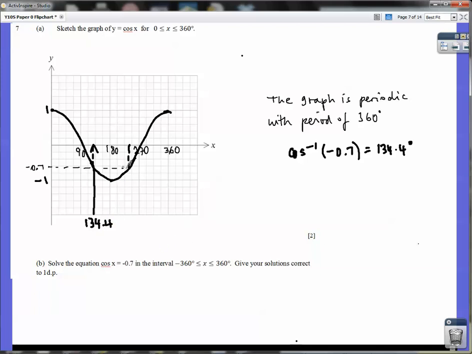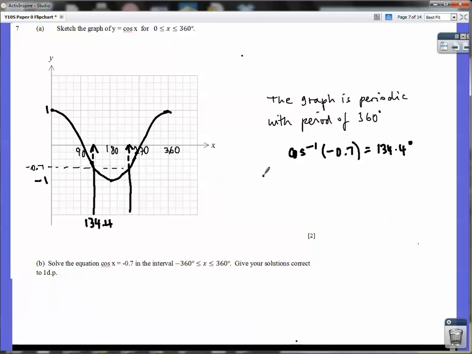Now, this angle here is your other solution between 0 and 360. And what I've done is I worked out this distance, the number of degrees between 134.4 and 180. Then I added it on. Because as I said, it's a symmetrical graph, so either side of 180 degrees I go the same amount.